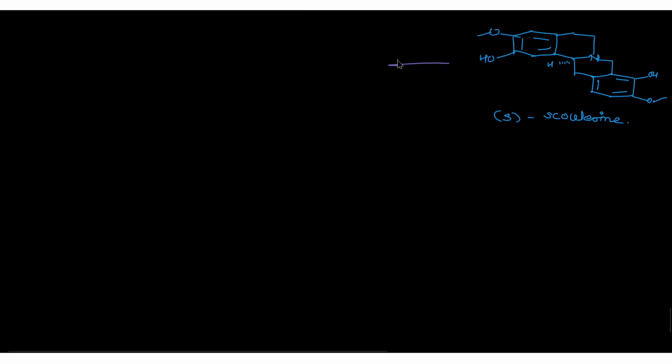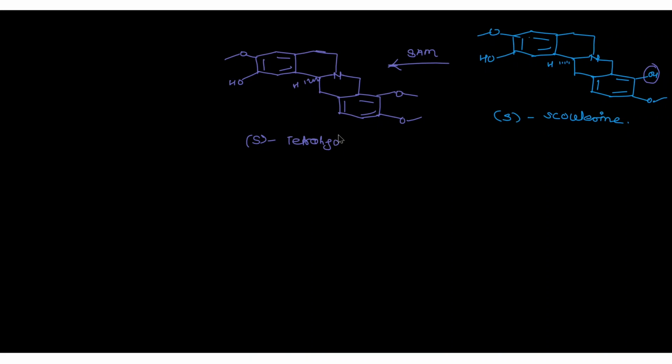In next step, by using SAM, methylation of this hydroxy group takes place and we get tetrahydrocolumbamine. In next step, oxidation and formation of the methylenedioxy bridge by using O2 and NADPH and we get S-canadine.